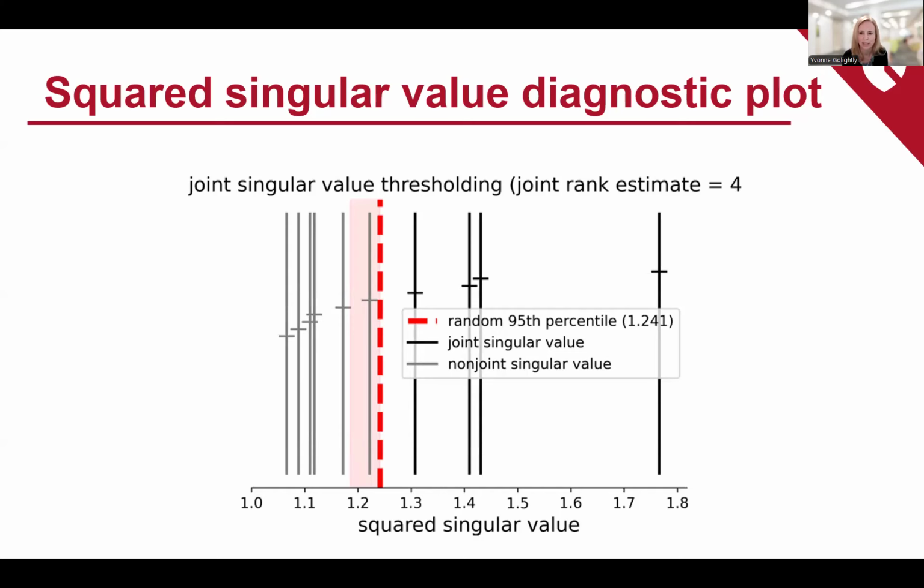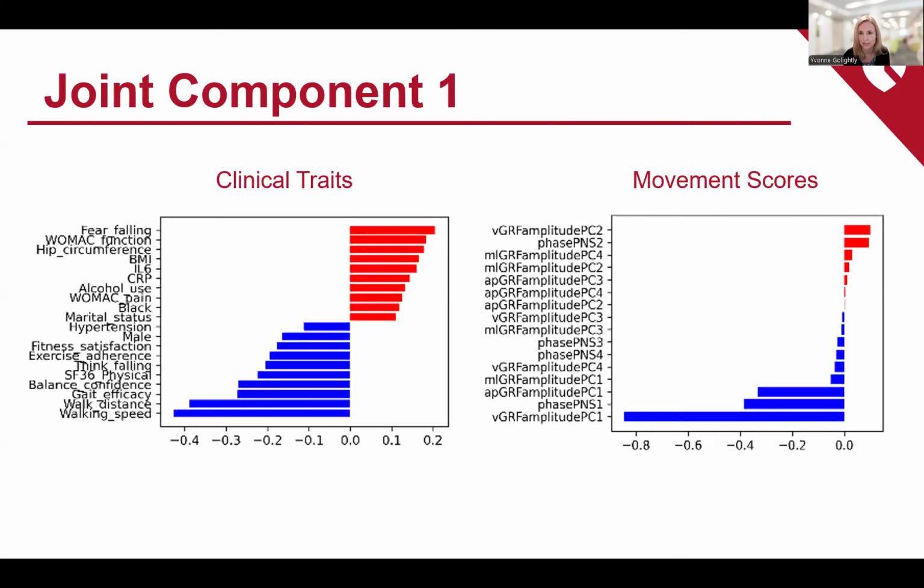The red dashed line is the threshold, where we consider everything to the right to be distinct from the random noise to the left. We see 4 black lines to the right of the red line, which suggests we have 4 joint modes of variation, which we will call joint components. Now we will look at the results for each of those joint components.